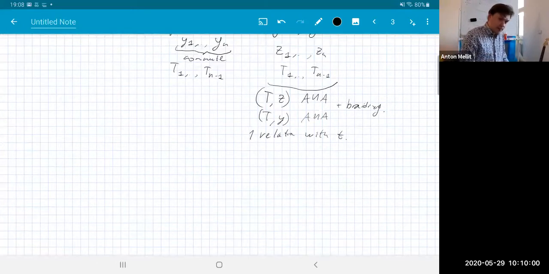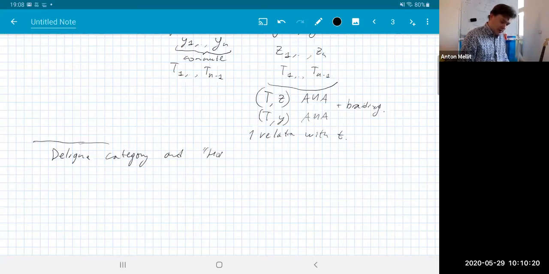Now one more piece of insight is the line category and its Q deformation, and let's say the HOMFLY category. So this gives you a way to think about, for instance, the Hecke algebra.